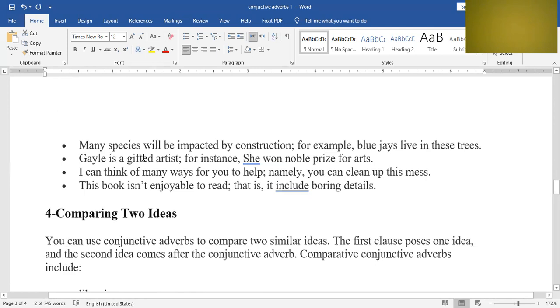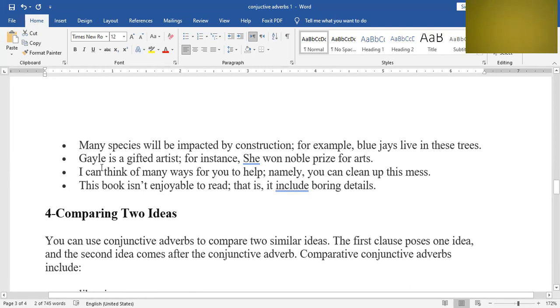Many of the species will be impacted, will end, will disappear. For example, the example of the species that will be impacted is blue jays, a type of birds which live in these trees.